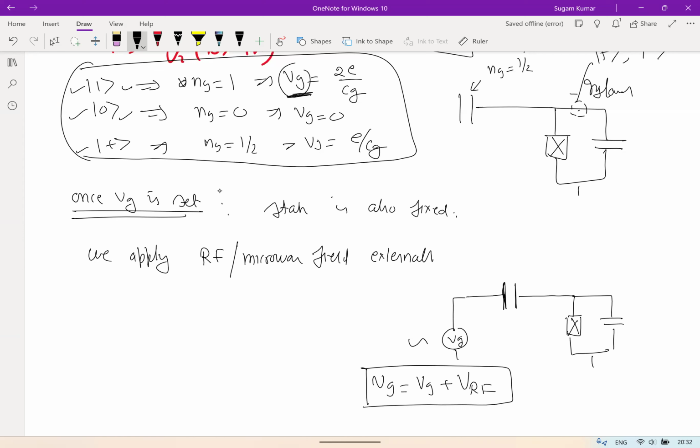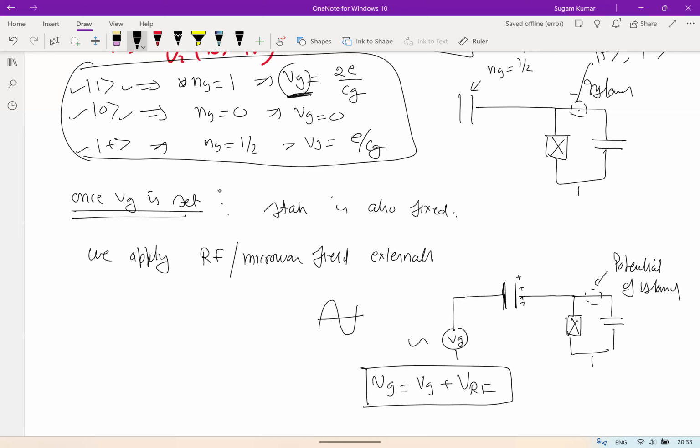Now this RF field, what it is going to do is, in the positive cycle and negative cycle, change the potential, the number of charges on the capacitor. So the number of charges on the capacitor will keep going up and down. Or in other words, you can say that this will change the potential of the island.